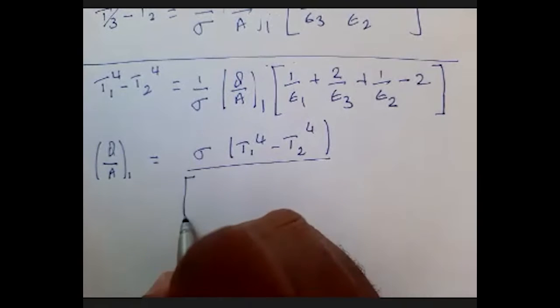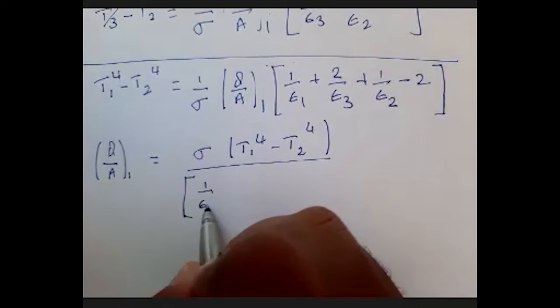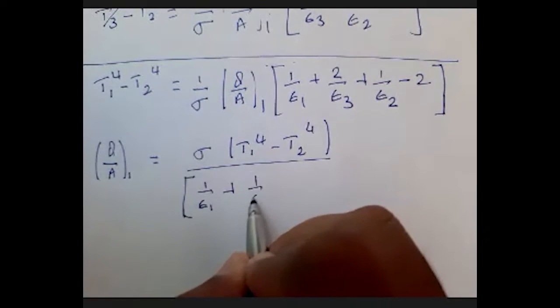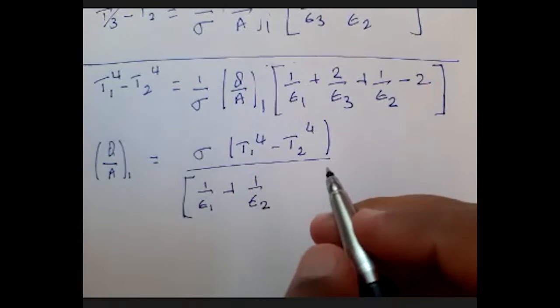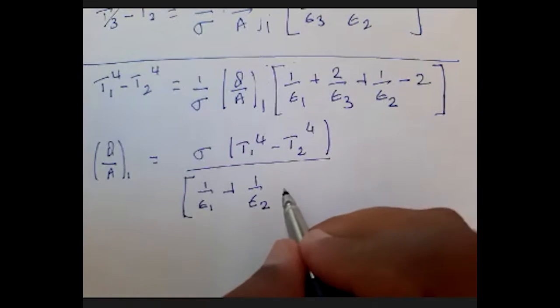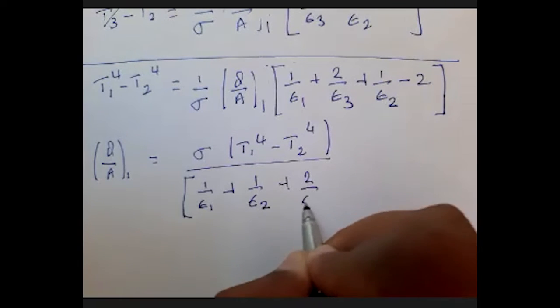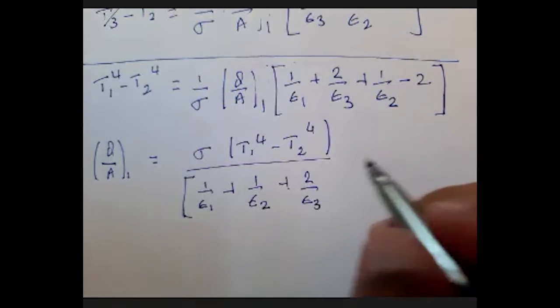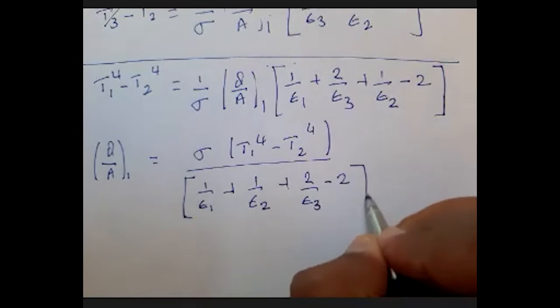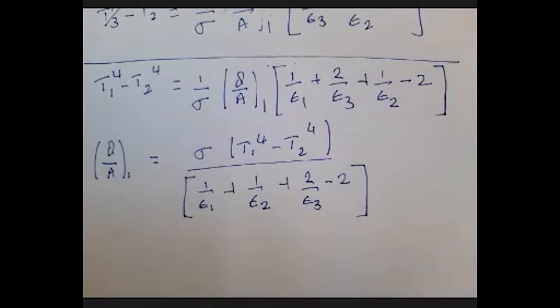So divided by 1 upon emissivity 1 plus 1 upon emissivity 2 plus 2 upon emissivity 3 minus 2. So this is the equation we have for our solution. That is the heat transfer rate.